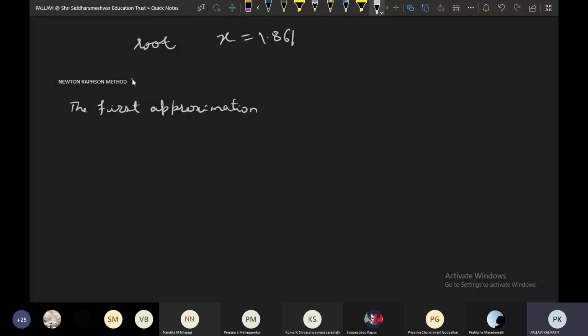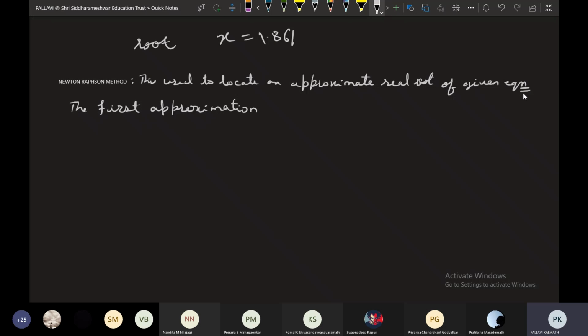If you want to write about this method, the Newton-Raphson method: it is also used to locate an approximate root of the given equation. So the purpose of this method is also the same as that of the regula falsi method. Is it clear?